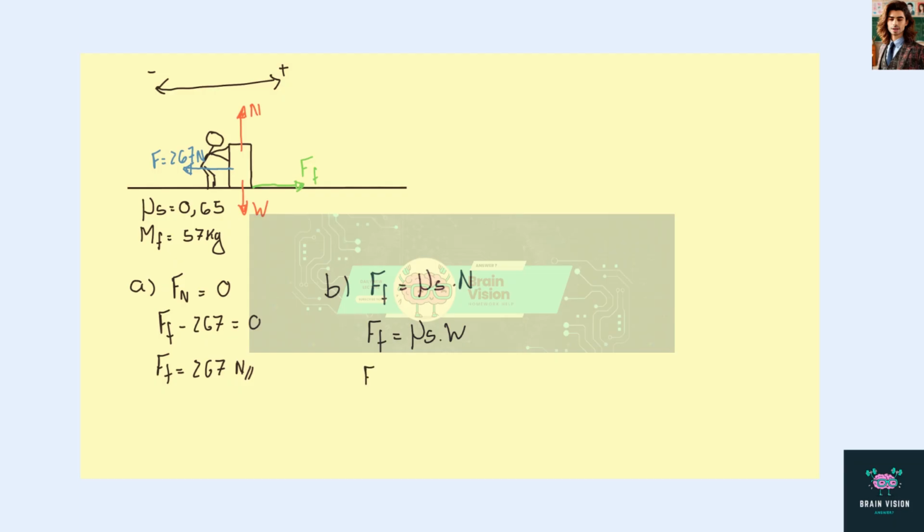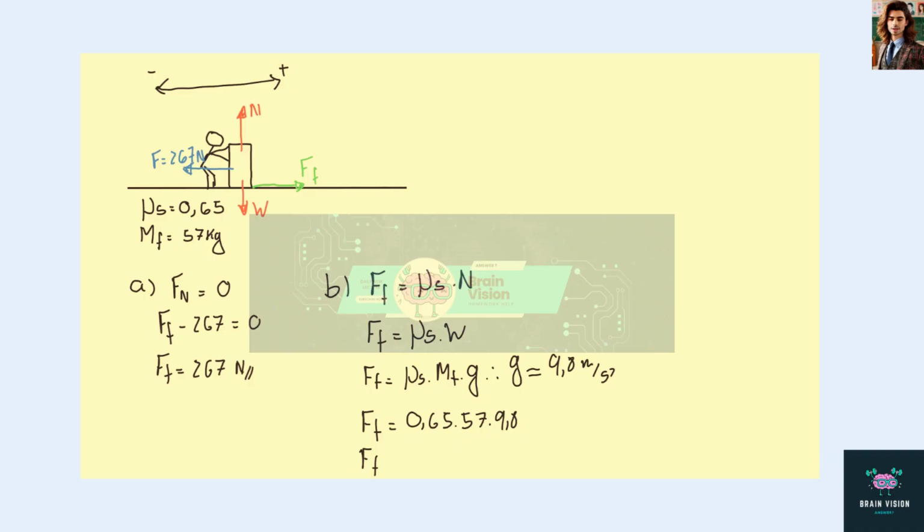And the weight force is given by the mass of the refrigerator times the acceleration of gravity near the surface of the Earth. We know that this acceleration of gravity is approximately 9.8 meters per second squared. Therefore, the frictional force is equal to 0.65 times 57 times 9.8.